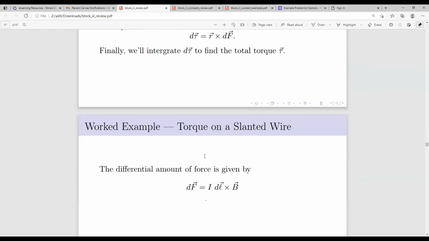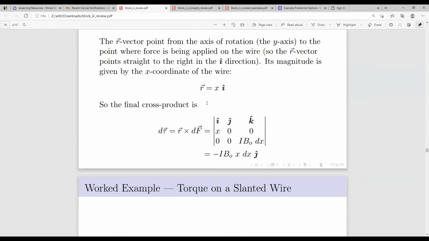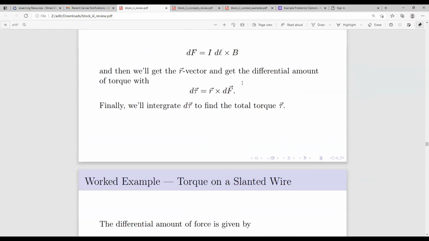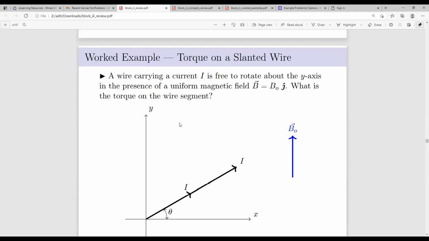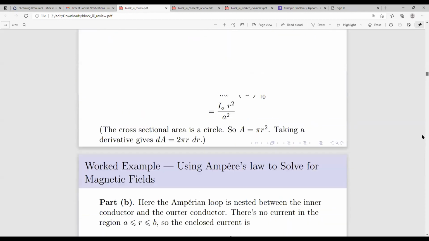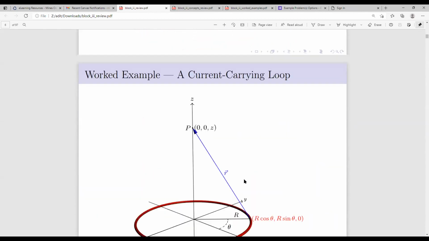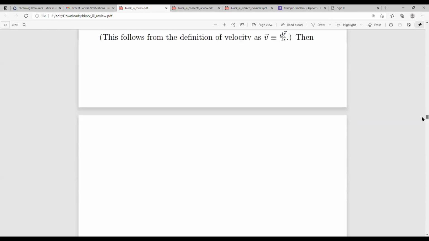Just to be super careful, the torque R vector points from the axis of rotation to the point where force is being applied, and force is usually being applied on the wire as per the equation dF equals I dL cross B. Whereas in Biot-Savart law problems, for instance this one I have right here, the R vector points from a source, whatever is creating some sort of magnetic field, to an observation point. A little bit different there.